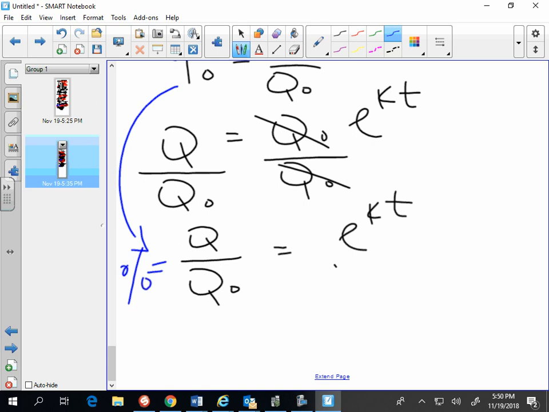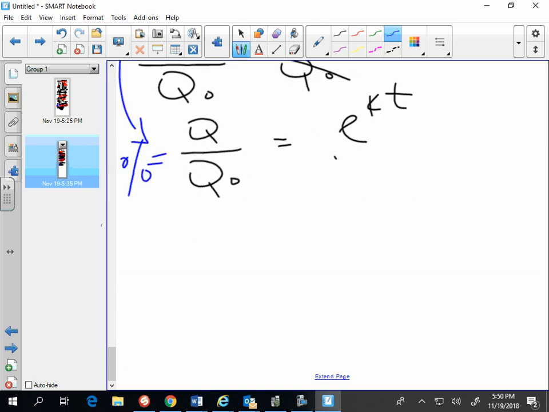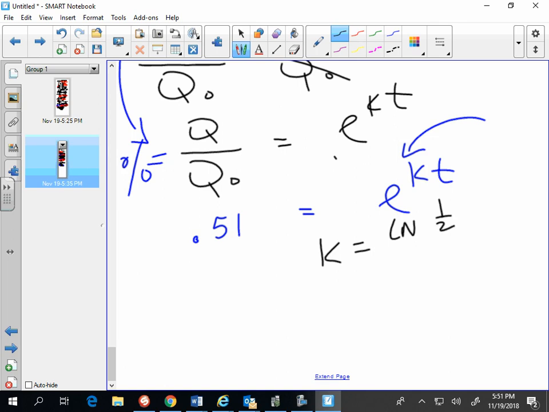So if we have 51% remaining, then I'm going to say 0.51 equals e to the kt. So what I need to find now is k. Well, remember we have that shortcut for half-life. So the carbon-14 half-life rate is ln of a half over 5730.